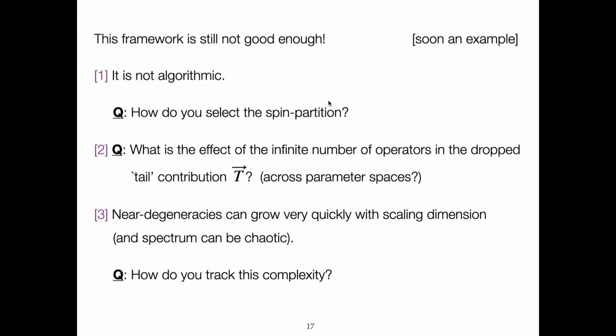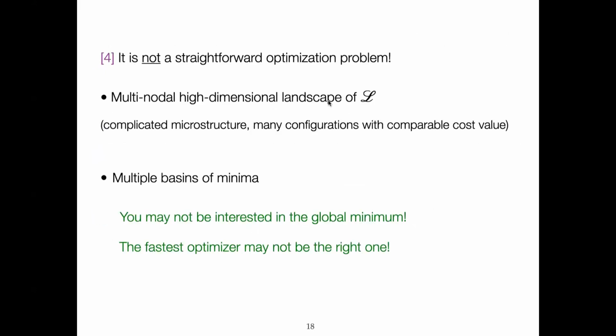You have an exponential number of operators, and many of the operators are also very close together in scaling dimensions, near degeneracy. So you have a spectrum that is essentially chaotic, with many near degeneracies. It's very complex. So how are you going to track all this complexity and the large number of operators as you try to increase the scaling dimension of your cutoff?